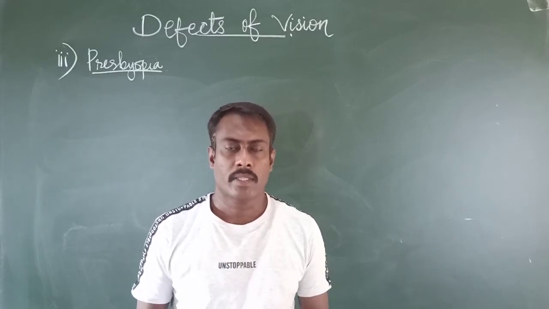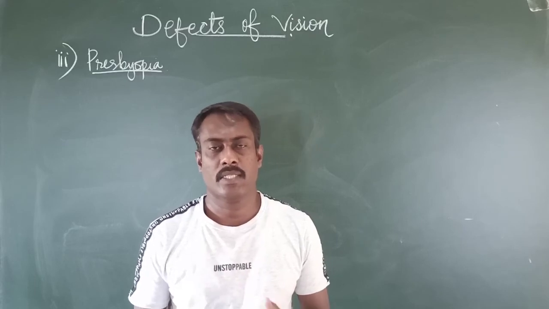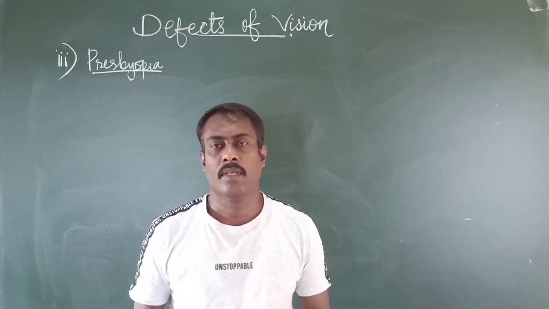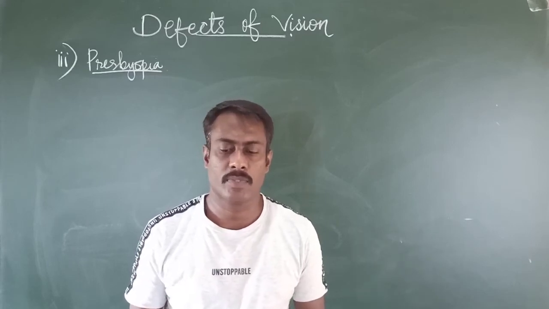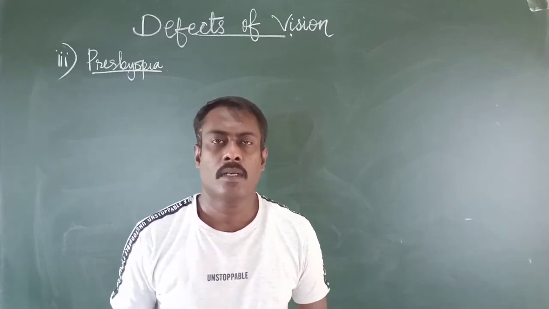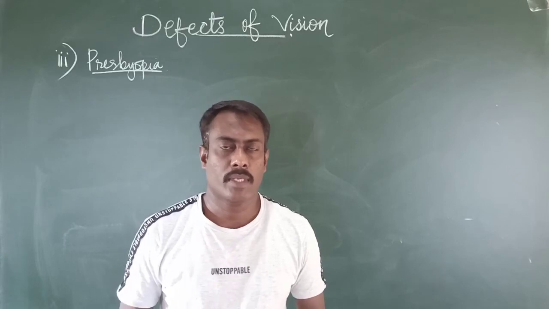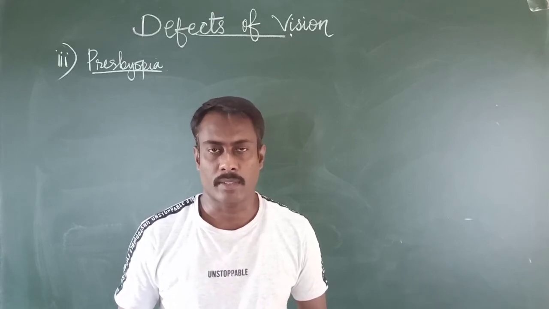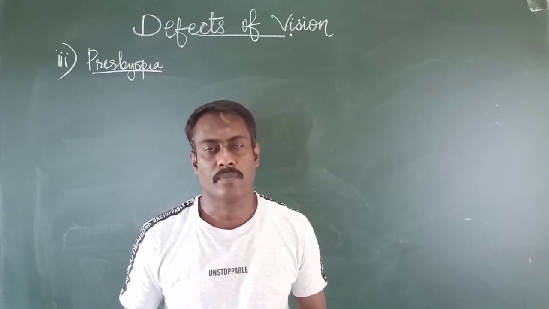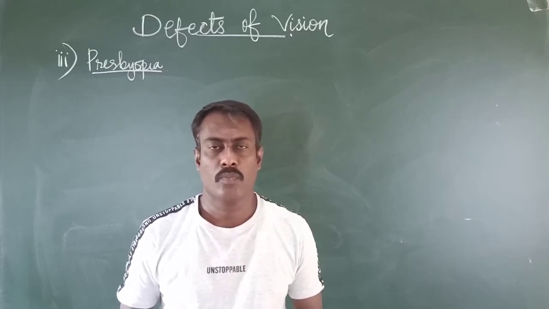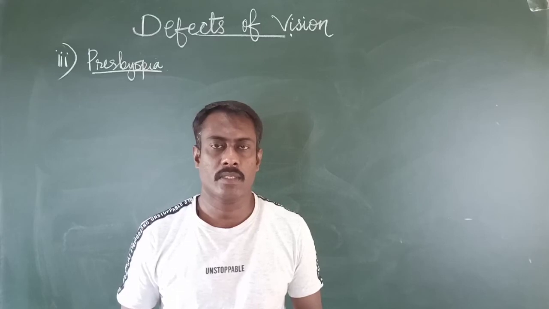That means they find it very difficult to see nearby objects clearly, and they even cannot see far away objects without a correcting lens. Such a condition of the human eye is known as presbyopia. This condition arises due to weak ciliary muscles with aging.